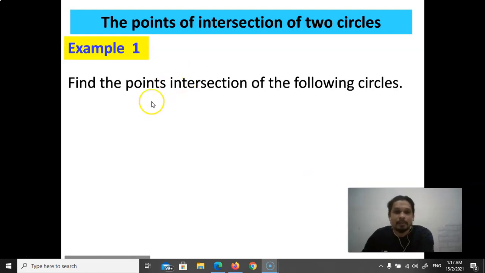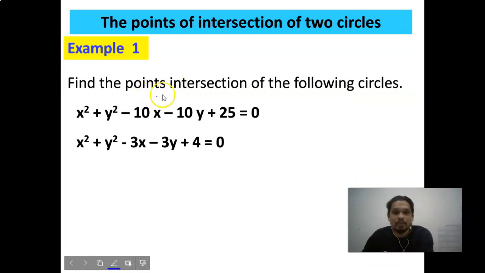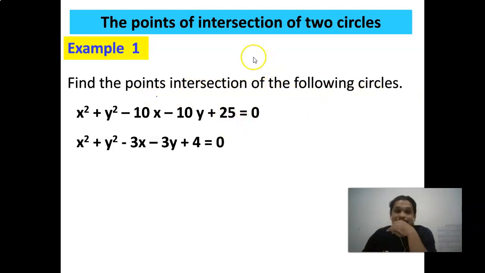Now, find the intersection points of the following circles. Meaning that here, class, when two circles intersect, with circle number 1 and circle number 2, the intersection points, let's label them A and B, with A the coordinate (x1, y1) and B here (x2, y2).